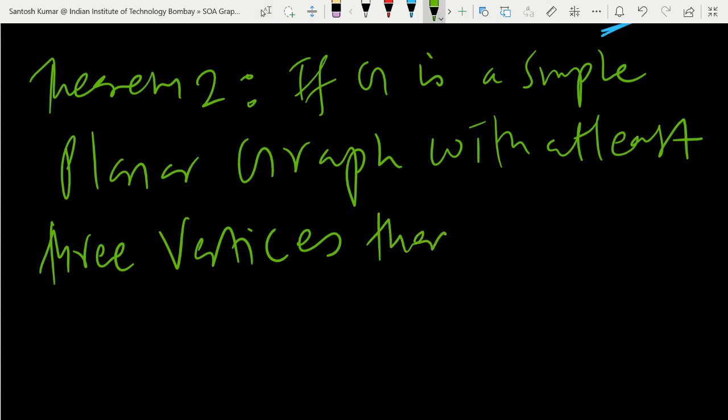Then, so it has at least 3 vertices, it's a planar graph. So how many edges will it have?